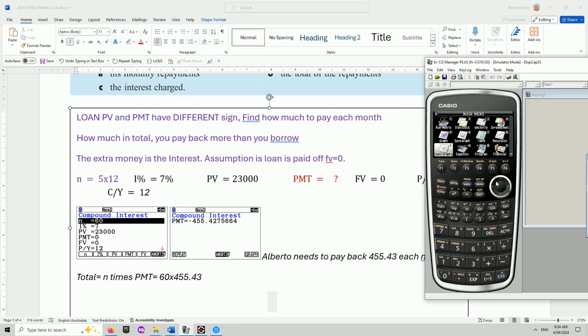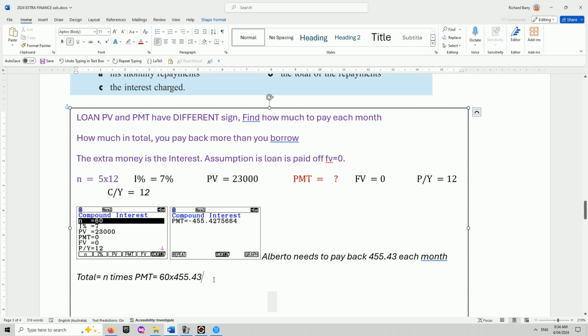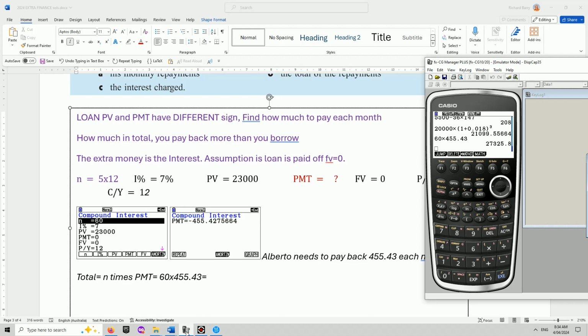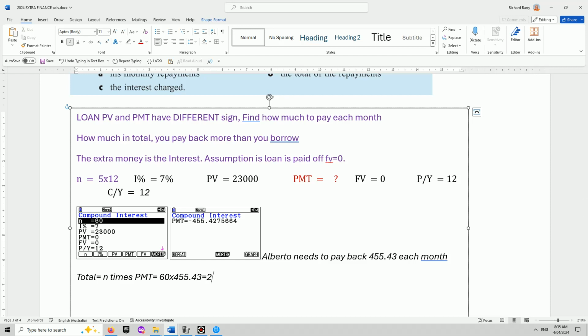To the normal section of the calculator, so I can do normal multiplications. Equals 27325.80. So this means that you borrowed 23,000 and you paid back 27,000.